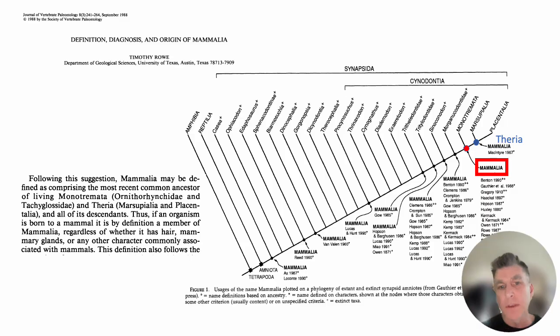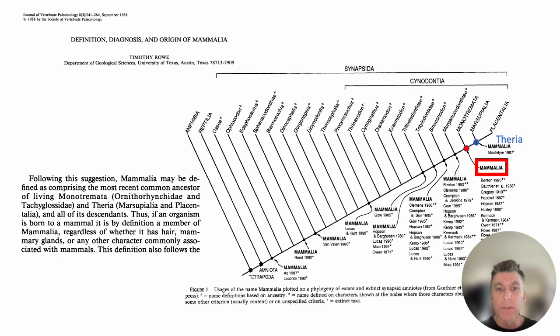This distinction is quite similar to the one that I presented earlier of species concept versus an operationalization of that concept. The way that the biologist Tim Rowe refers to it is a definition versus a diagnosis. A diagnosis is a list of traits that help you to identify what you're looking for, that delimit the group.